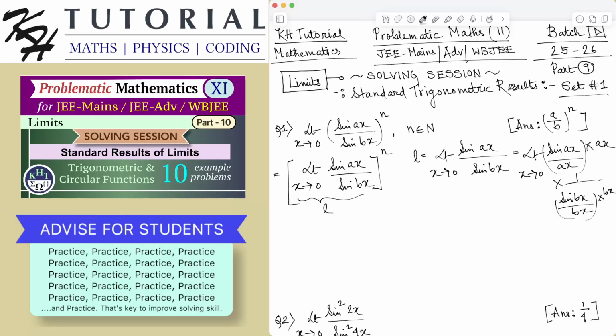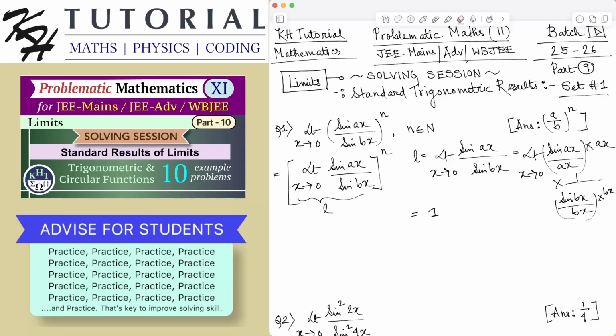Now limit x tending to 0 sin ax by ax will be equal to 1, because we know that sin f(x) by f(x) when f(x) tending to 0 is 1. In this case f(x) is nothing but ax. So this will be 1. Also when x tending to 0, limit of sin bx by bx will also be equal to 1.